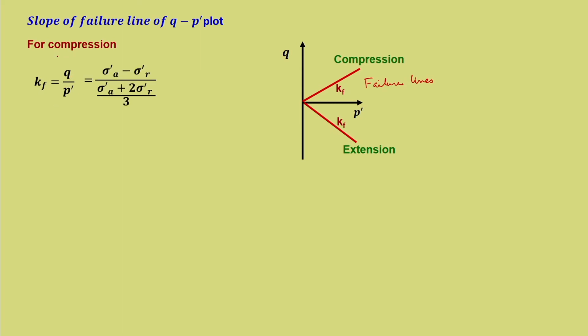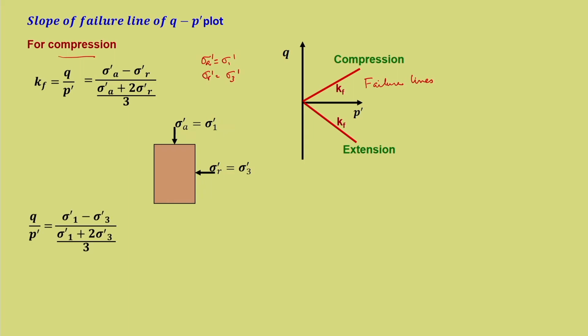Now, we are taking the case of compression. So, this means that sigma A dash is equal to sigma 1 dash, sigma R dash is equal to sigma 3 dash. Substitute for Q and P dash, that will give sigma A dash minus sigma R dash divided by sigma A dash plus 2 sigma R dash by 3, always represent in terms of axial and radial.